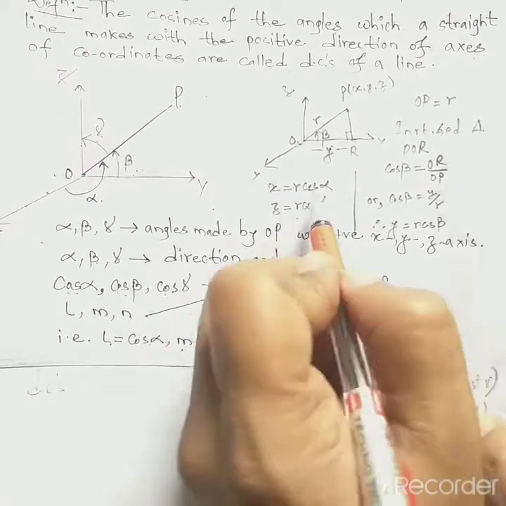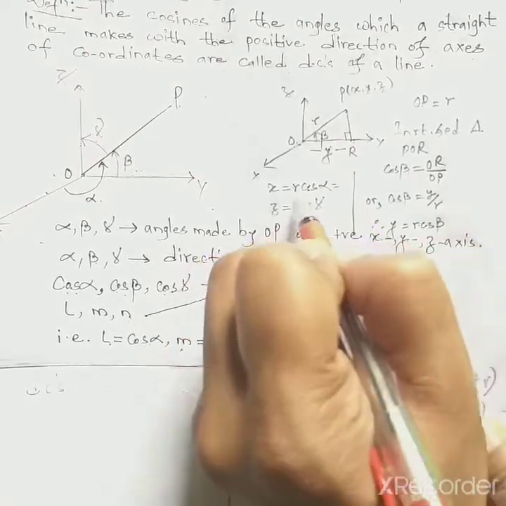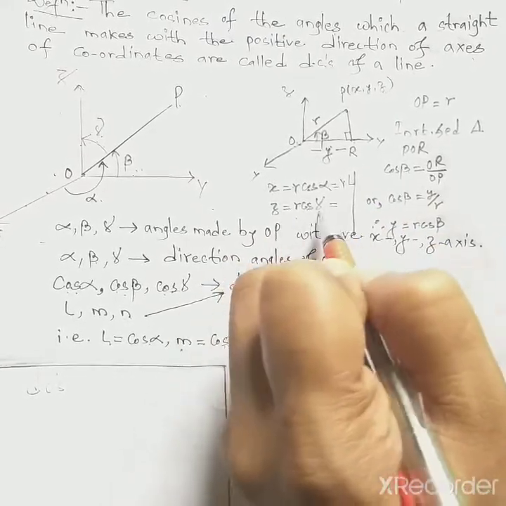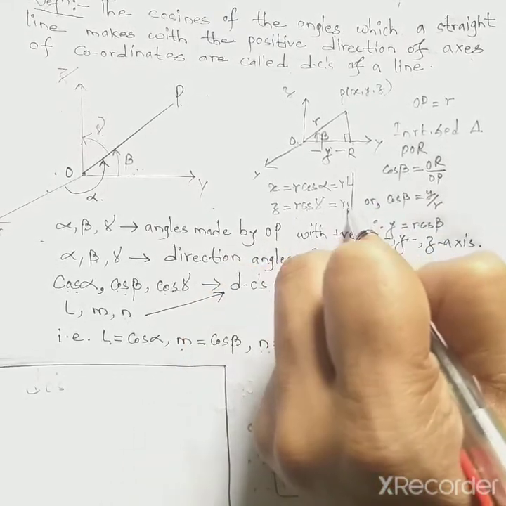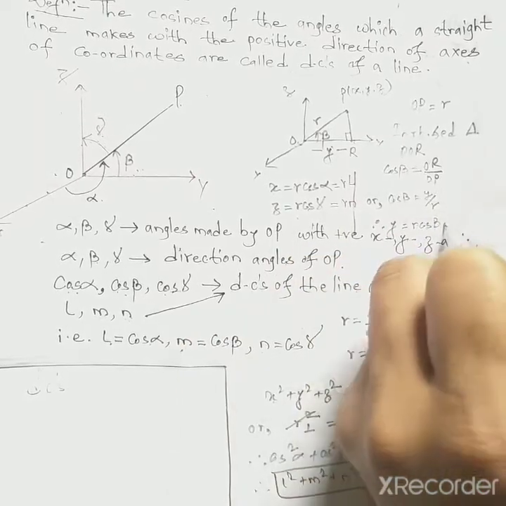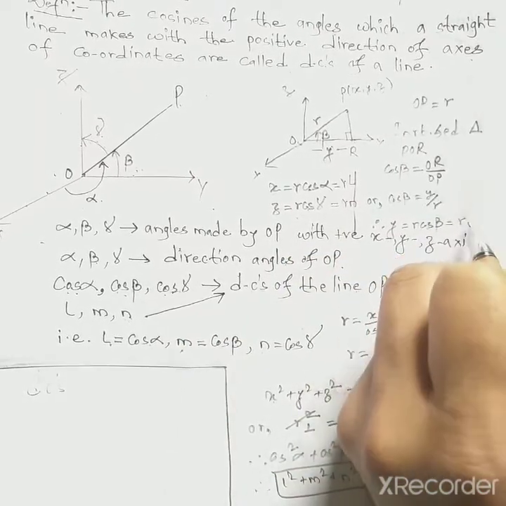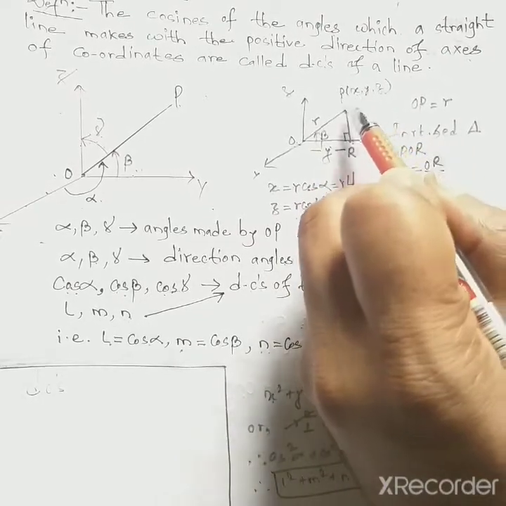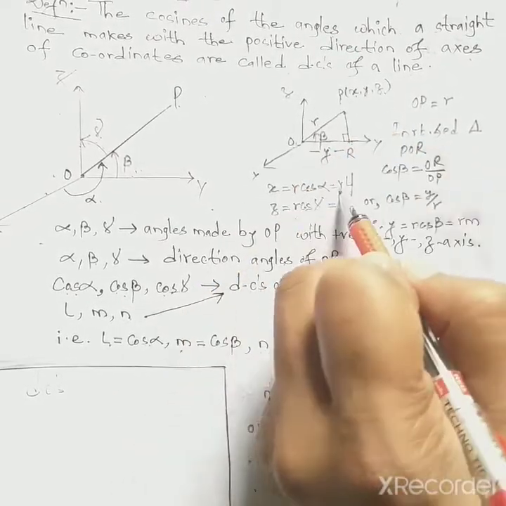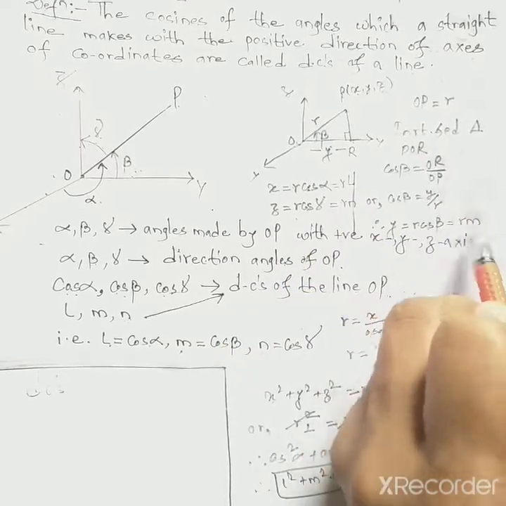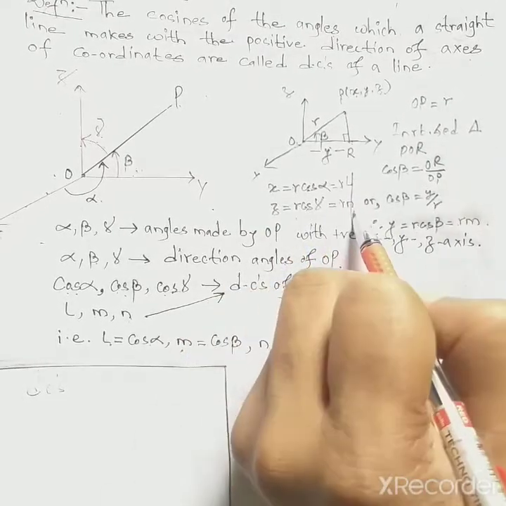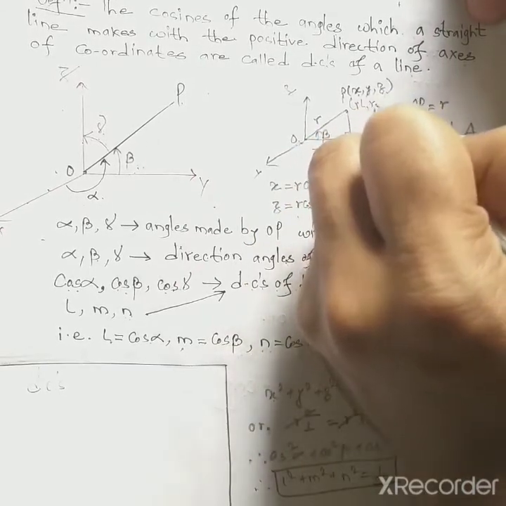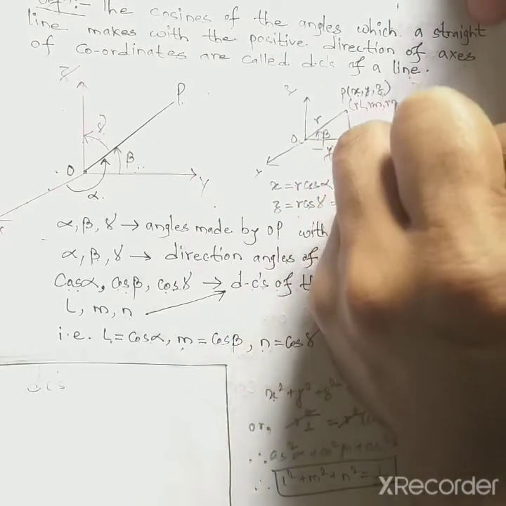Again, see here, cos alpha represents L, so x equals RL. Cos gamma represents N, so z equals Rn, and cos beta represents M, so y equals Rm. So if x, y, z is the coordinate of the point P, then in place of x we can write RL, in place of y we can write Rm, and in place of z we can write Rn. So the coordinates of P can also be written as RL, Rm, and Rn respectively.